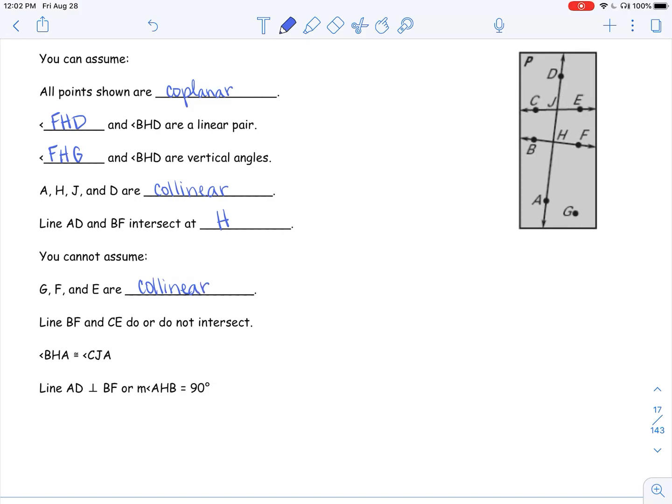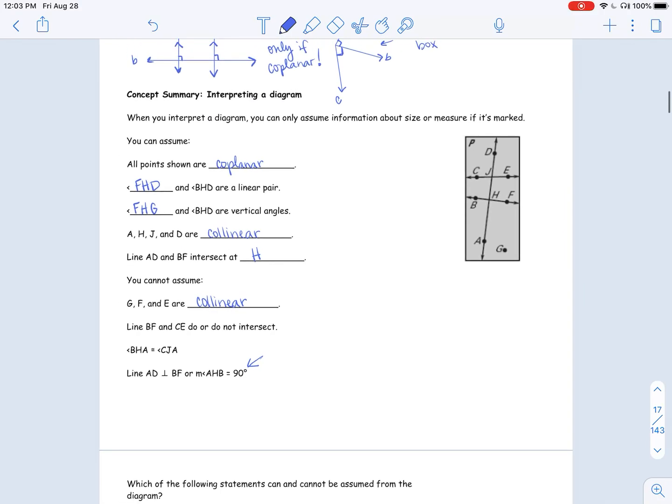We cannot assume that BF and CE intersect. We cannot assume that BHA and CJA are congruent. And we cannot assume anything to be 90 unless we're told that something is perpendicular or that we have that little box there.